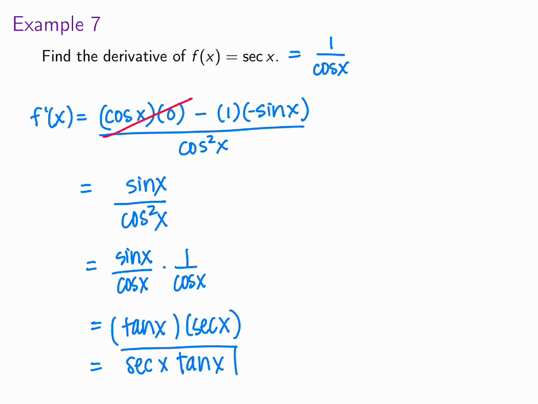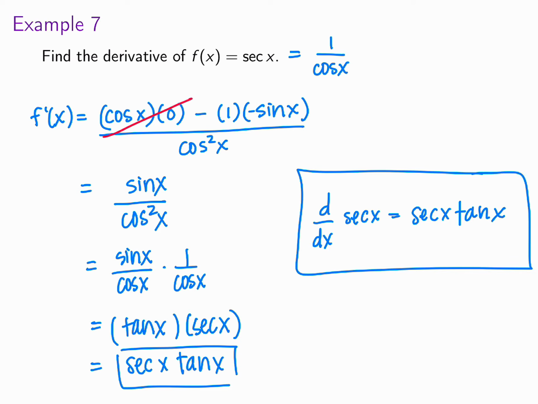That's the same. We can multiply in any order, but that's just normally what we see. So the new rule we've learned, the derivative of the secant function is secant x tangent x. And that's another rule that you need to know. Add that to your list of derivatives that you can just answer. And then if you ever forget it, you can fall back on doing the quotient rule.